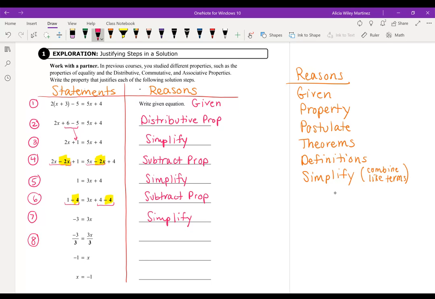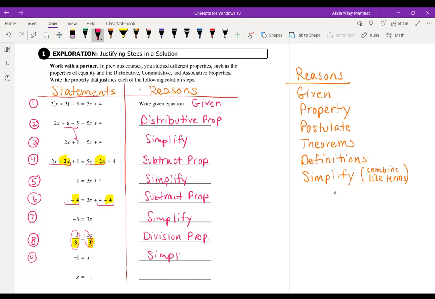In step 8, they divided both sides by 3. That's the division property, dividing on both sides. In step 9, they simplified the negative 3 over 3 to get negative 1 and the 3 over 3 to get x.